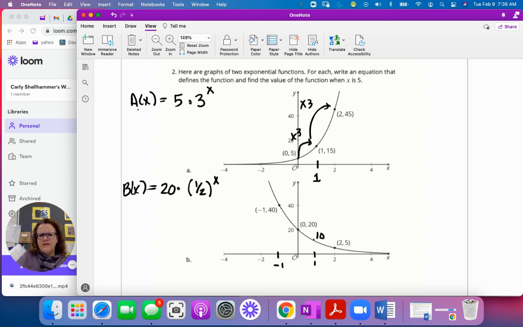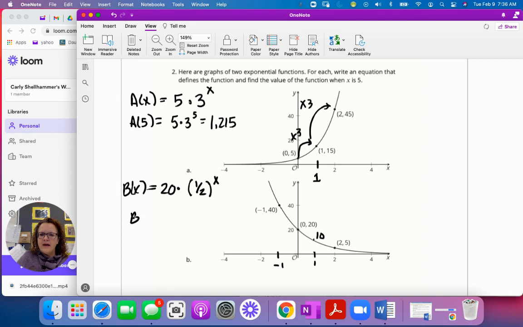And then find the value at 5. 5 times 3 to the 5th power is $1,215.